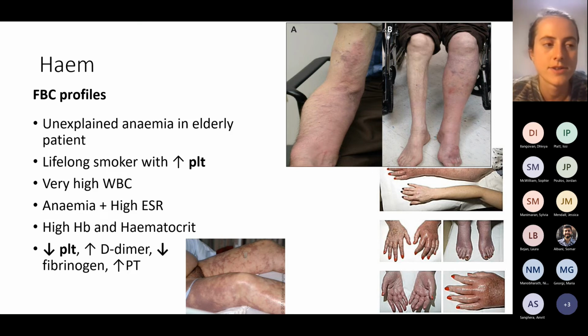I don't know if it's a flexible sigmoidoscopy or colonoscopy. Yeah. Well done. Those criteria are definitely worth learning for GP. How about this one? A lifelong smoker with an incidental finding of increased platelets.